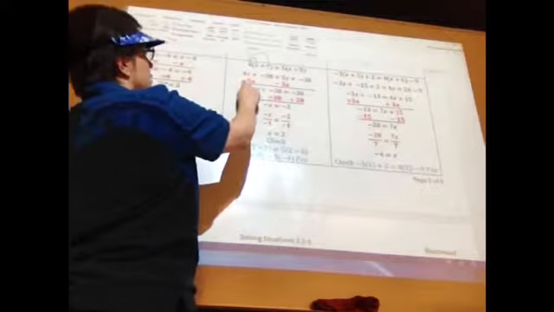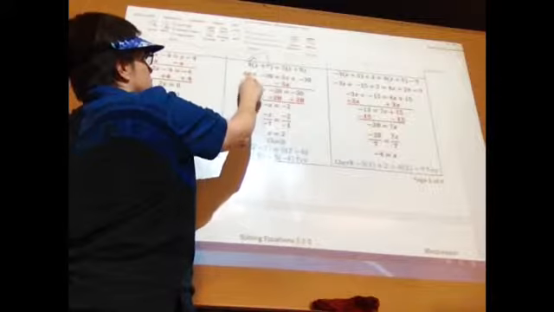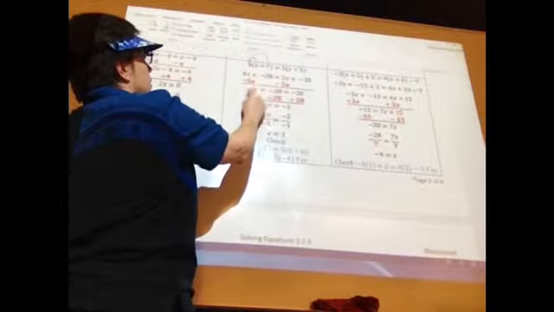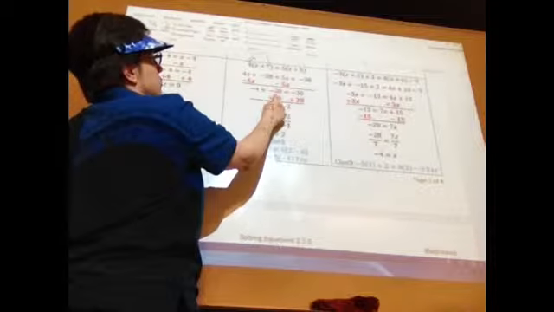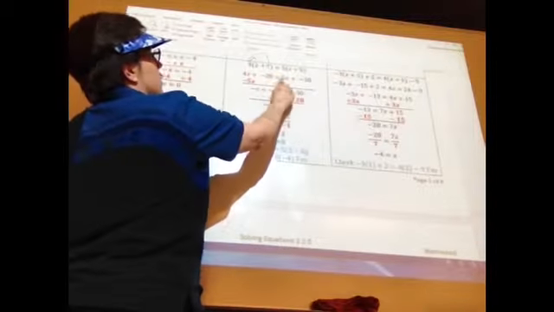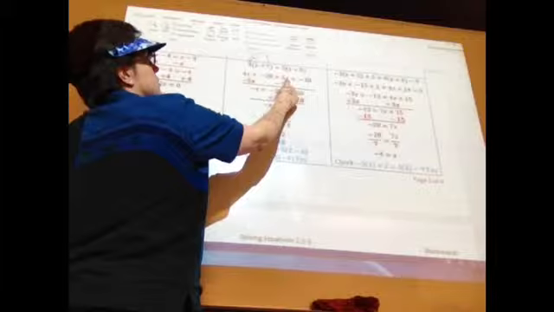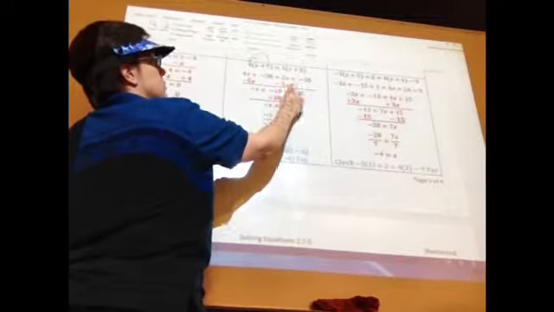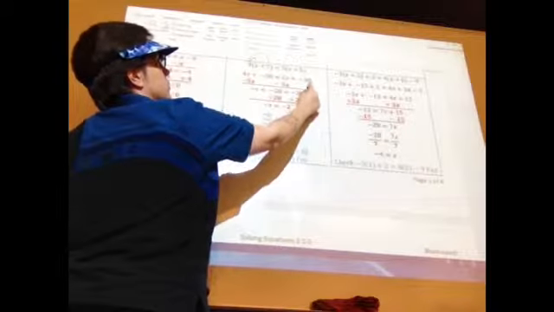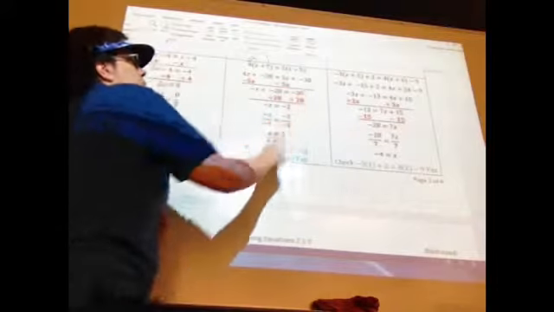It's more negative, and 5 less than 4 gives me 1. So I get a negative 1x, which is just negative x, plus a negative 28 equals positive 5x minus 5x is 0 x's plus a negative 30. So equals negative 30.